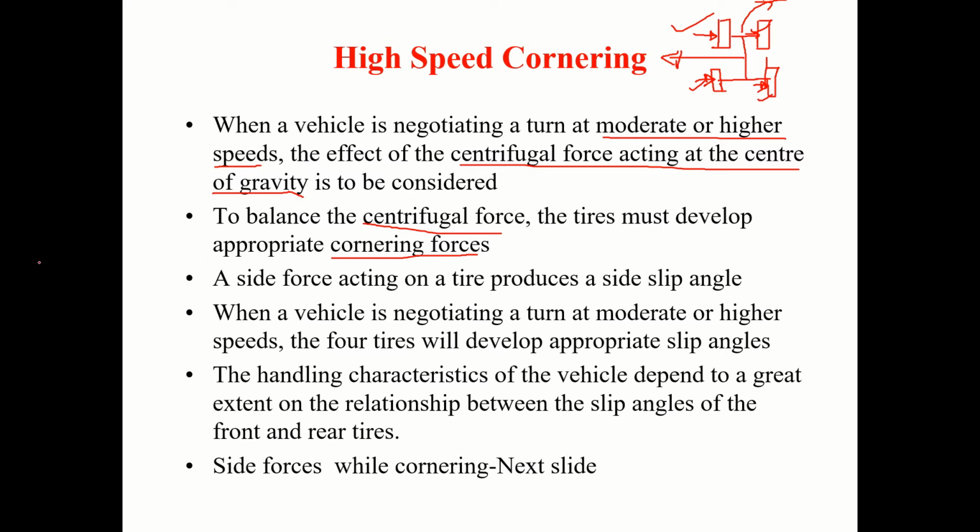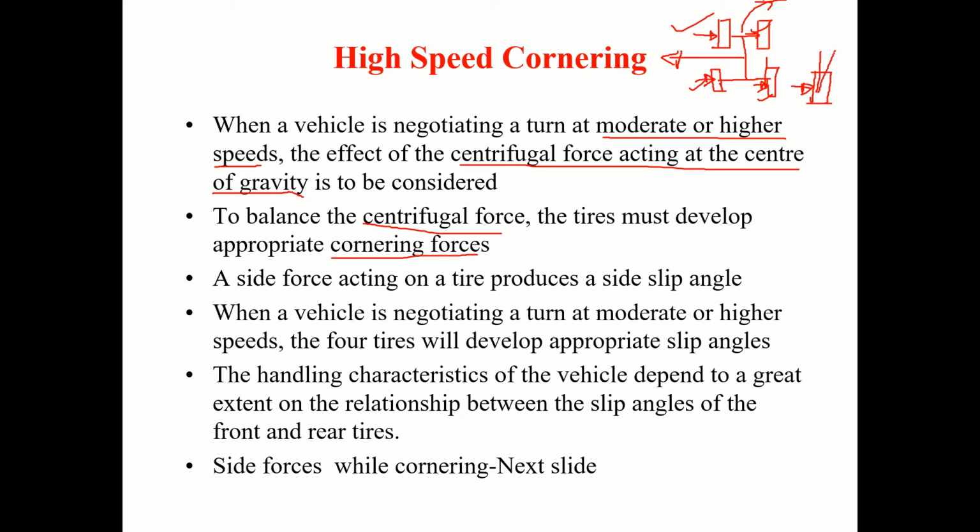So when a vehicle is taking a turn, this side force acting on a tire produces a side slip angle. I'll show you in the next slide. So suppose you have a side force on this tire, then there is going to be a side slip angle.